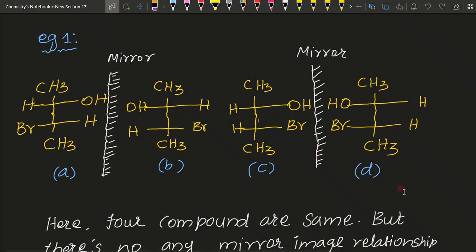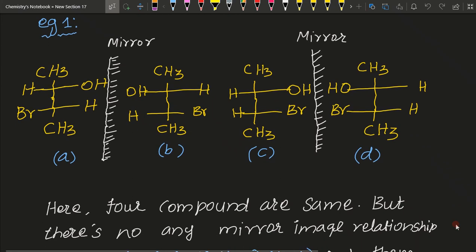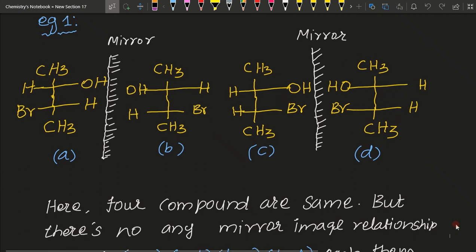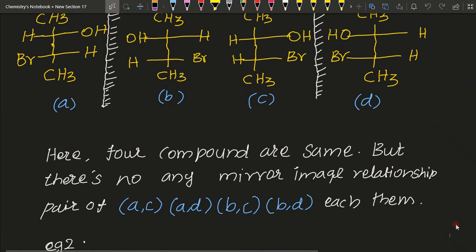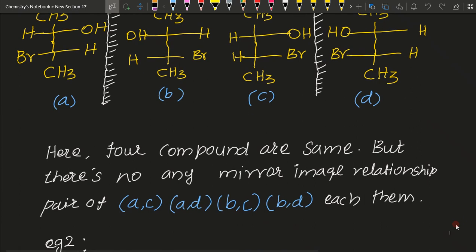Here the four compounds are the same, but there is no mirror image relationship. So all compounds are the same, but there is no mirror image relationship between the pairs AC, AD, BC and BD.